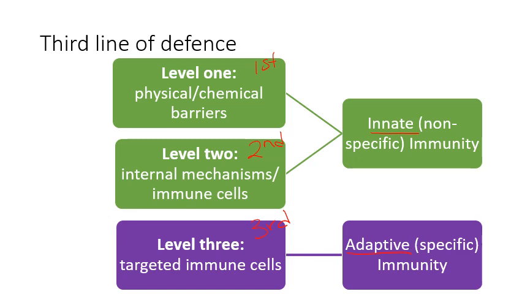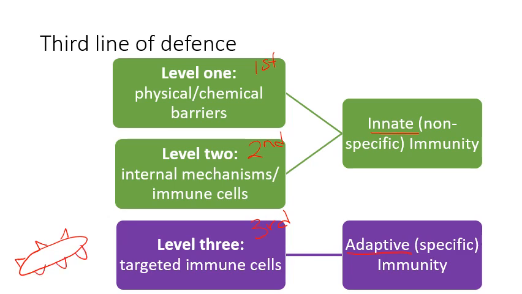For example, we've spoken previously about how different pathogens, or really different cells belonging to any organisms, are going to have different antigens on their surface. For example, we might have a bacteria, let's say it's E. coli, that might have, I don't know, triangular shaped antigens on its surface.